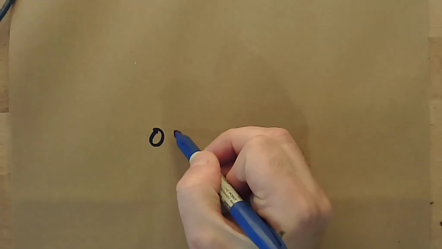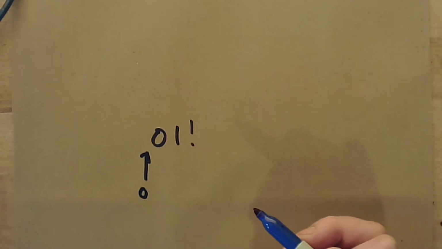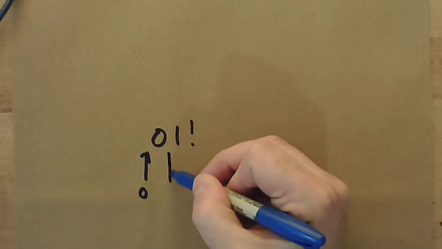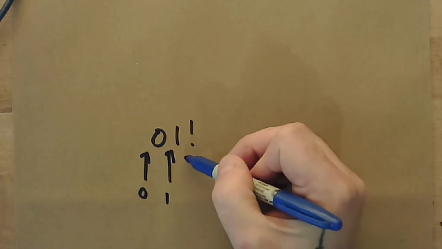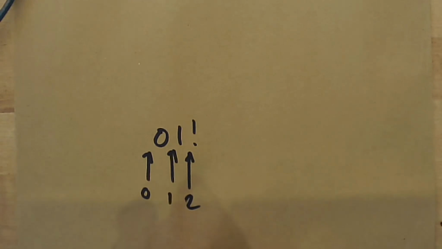So for our very beginning string, we have 0, 1, exclamation point. So we have position 0, position 1, position 2, right? So the substring method is going to be applied to our incoming data string.